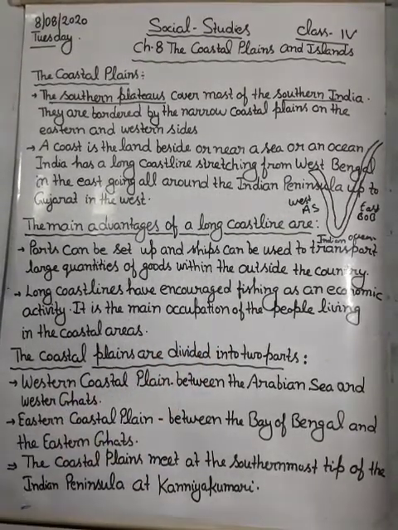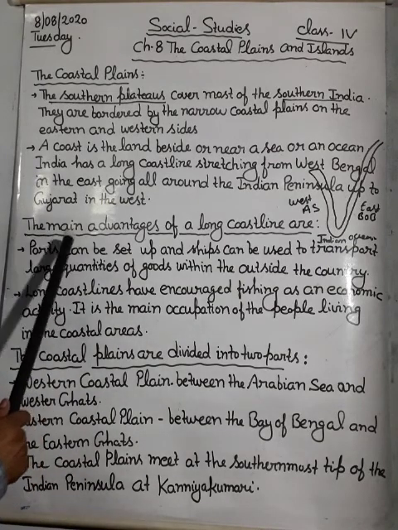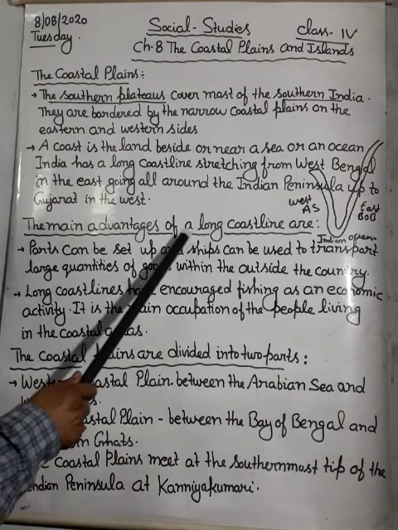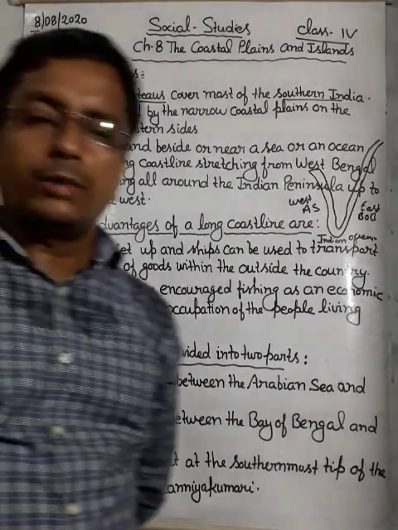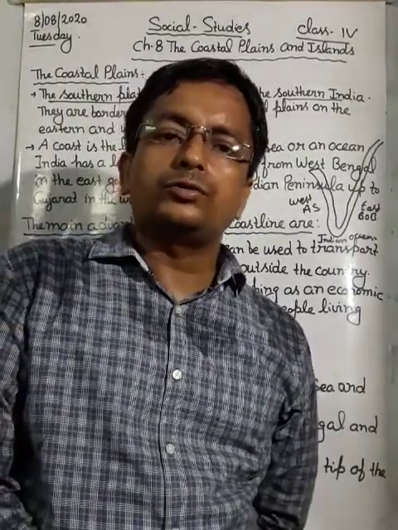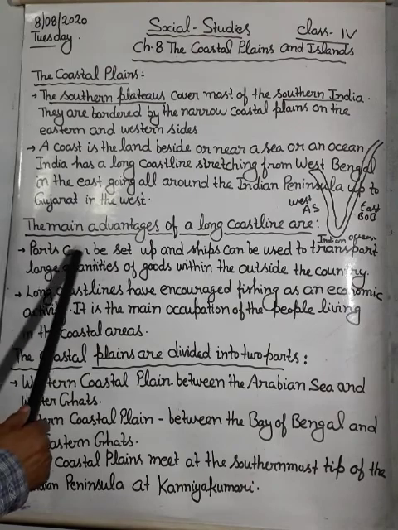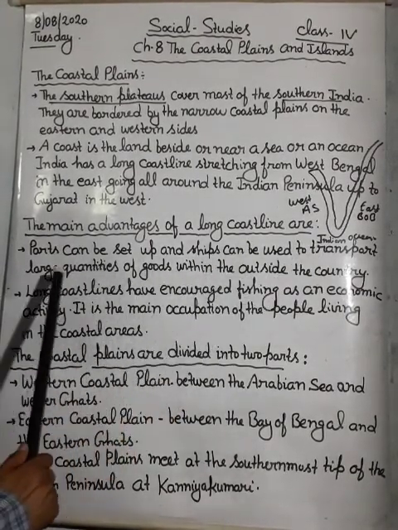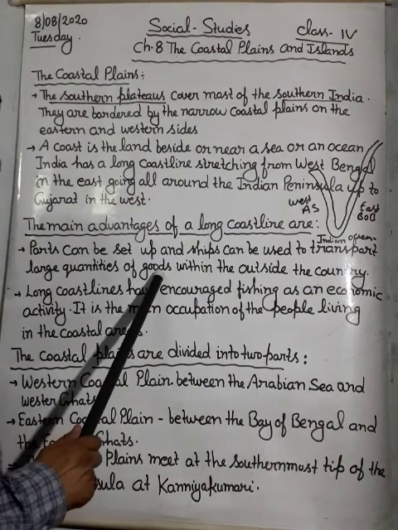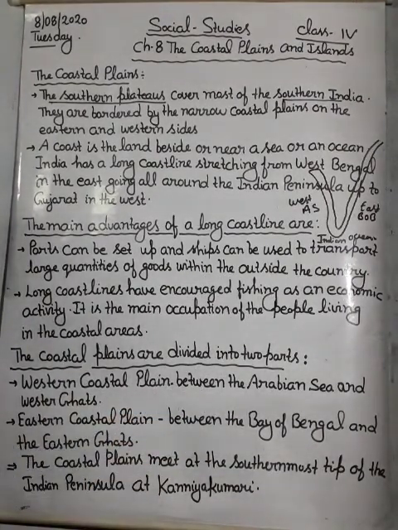So the next thing is the main advantages of the long coastline. What are the main advantages of a long coastline? Ports can be set up and ships can be used to transport large quantities of goods within and outside of the country.